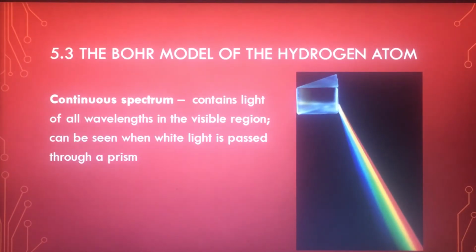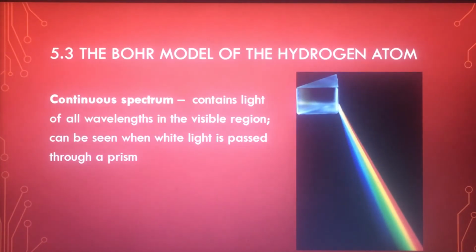We call that a continuous spectrum, just like this image. It contains light of all wavelengths in the visible region, so there must be no gap between those colors.